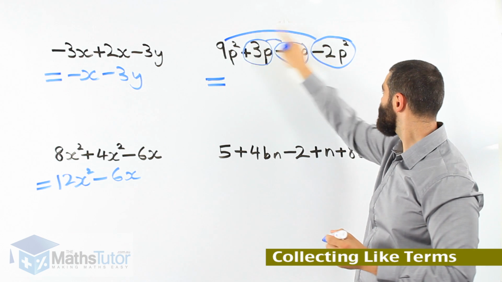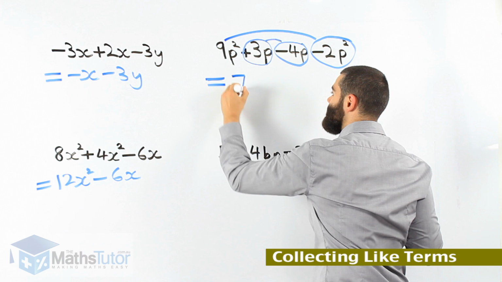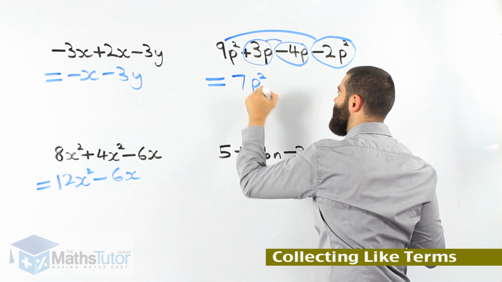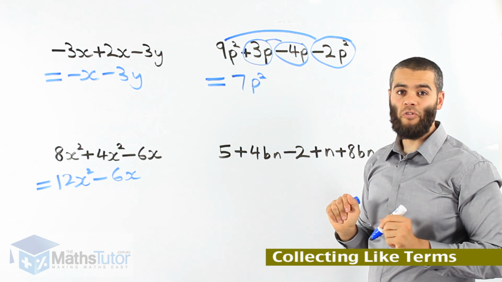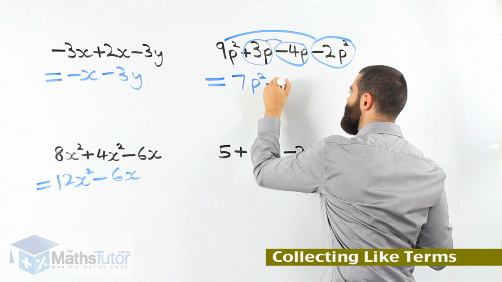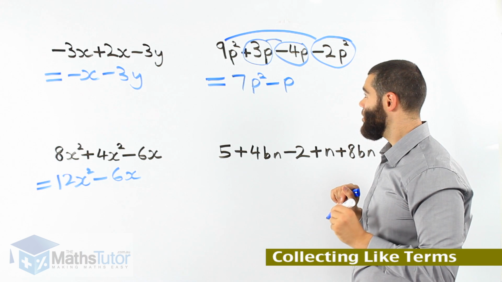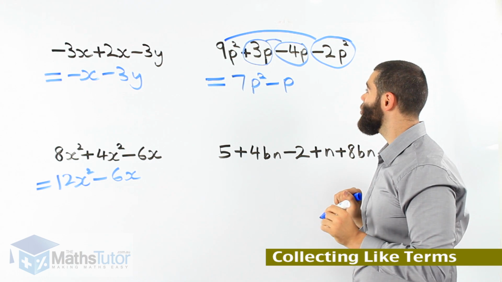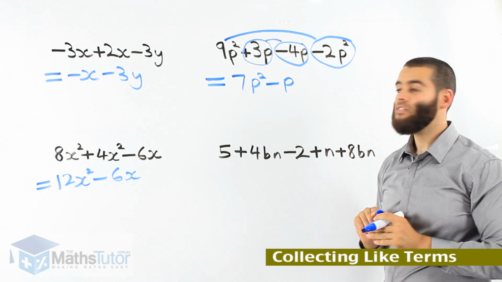So 9p squared minus 2p squared: 9 take away 2 is 7p squared. And here we have 3p minus 4p. So 3 take away 4 is negative 1, which is negative 1p or just negative p. Our final answer, 7p squared, take away p.